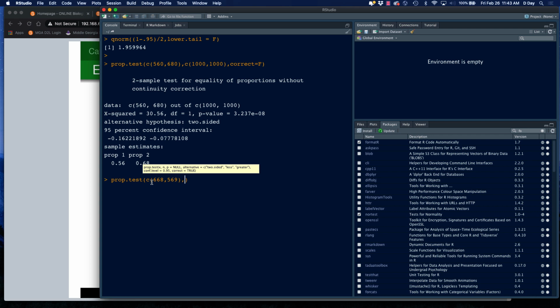My two sample sizes from those groups were 6676 for the C group and 6732 for the ticagrelor group. And then I need to do alternative equals greater.